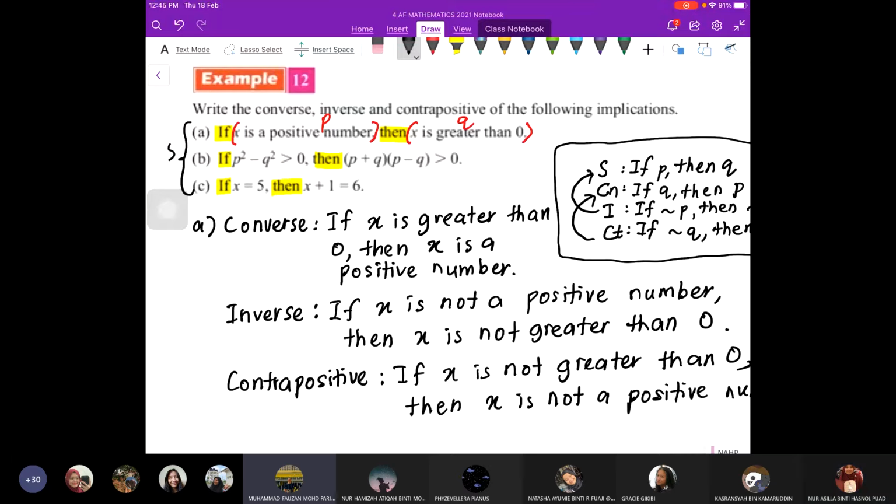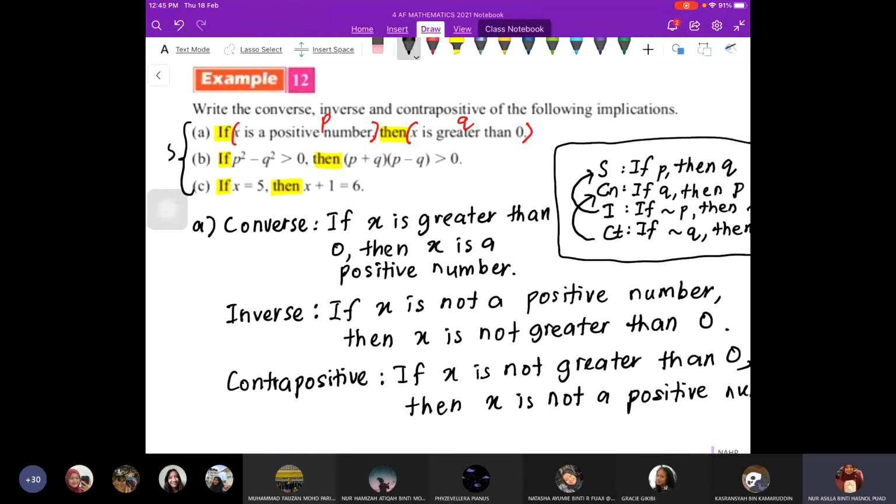Apa dia? Apa dia punya converse? If P plus Q, the bracket P minus Q more than 0, then P square minus Q square more than 0.